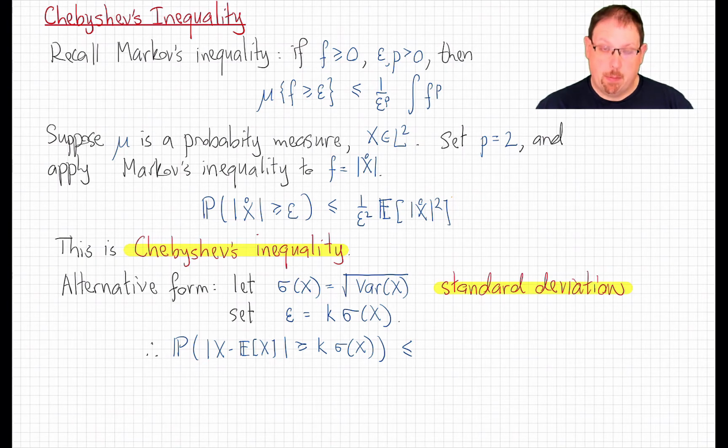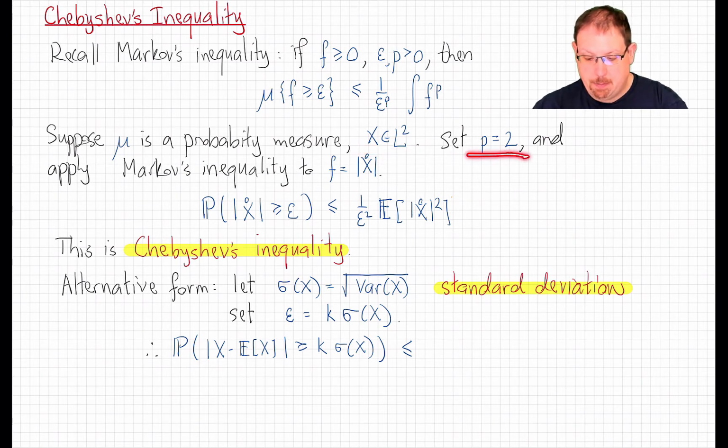Let's work with a probability measure now, and suppose that our measurable function, that is a random variable, is actually in L2. That is, we will take p equal to 2 in Markov's inequality. And we will apply Markov's inequality to the non-negative measurable function, which is the absolute value of the centered version of x.